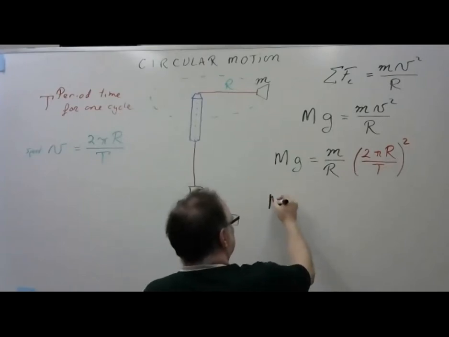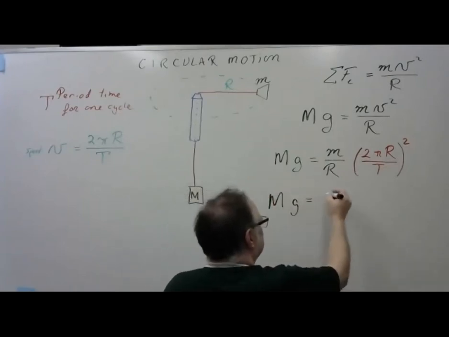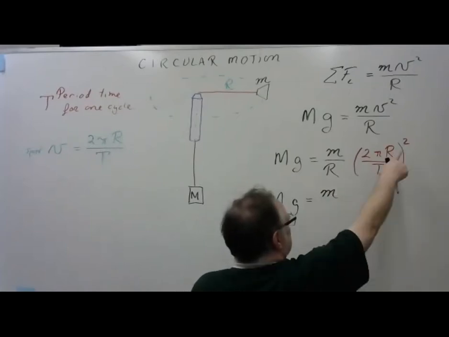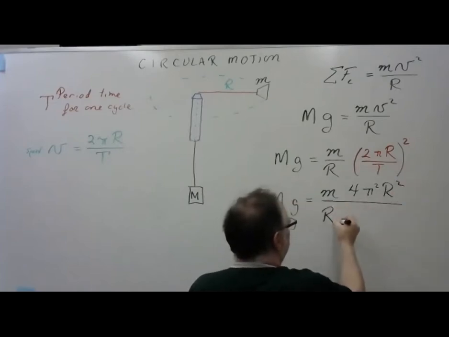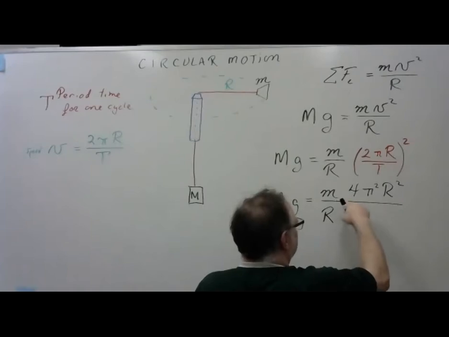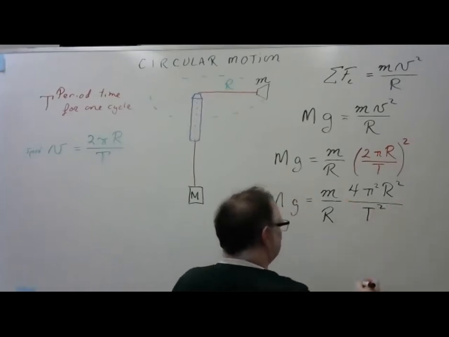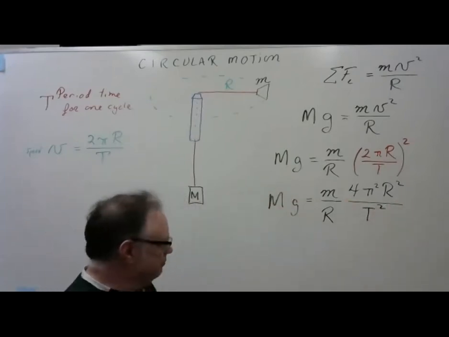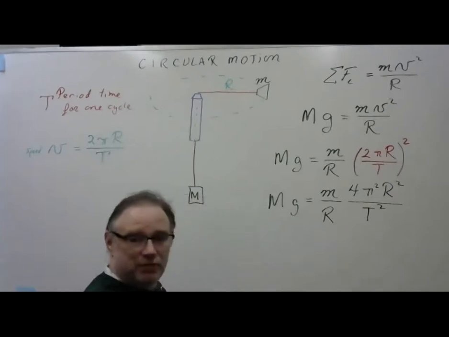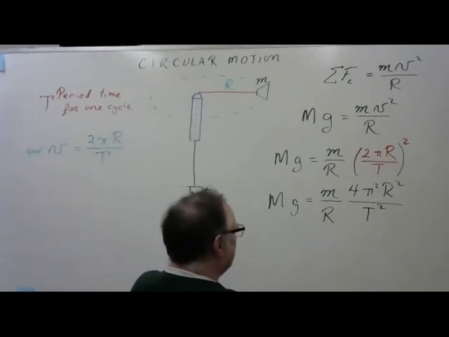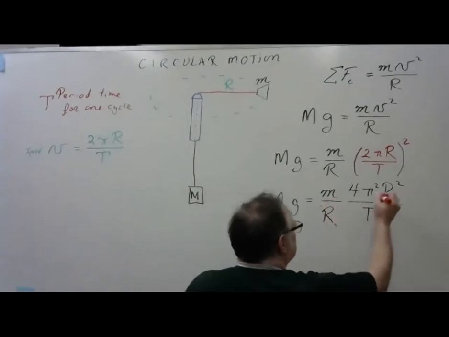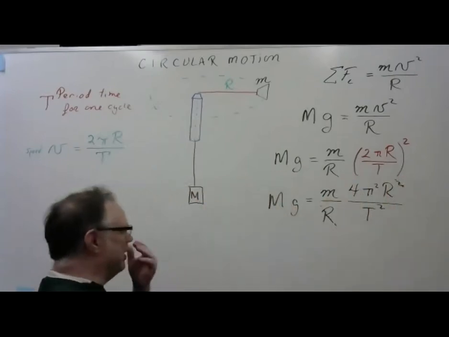So now let's do a little bit of algebra. Mg is equal to m, and I have to square every term: 4 pi squared capital R squared divided by, there's an R here and a T squared down here. There's a little bit of cancellation here, and we're going to solve this for g. So we're going to cancel out one of these R values.